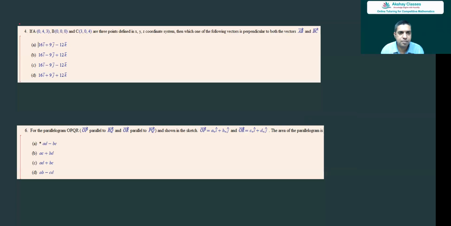Okay, back. So the first one here, AB bar is coordinates of B bar minus A bar. So 0 minus 0, so 0 i, 0 minus 4, so minus 4j, 0 minus 3, minus 3k. This is AB.